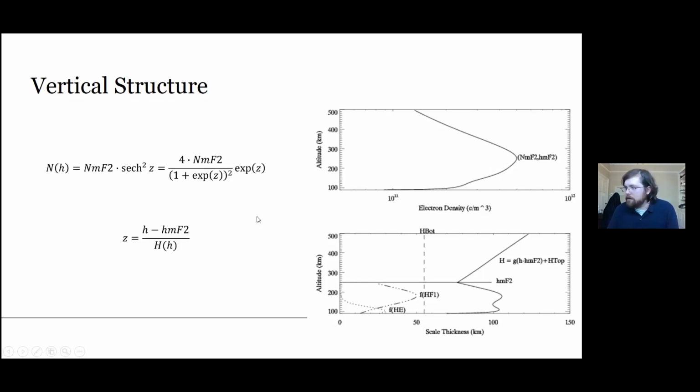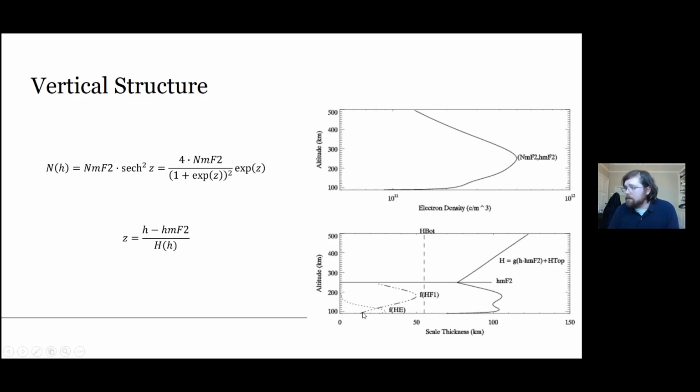But ultimately, when you do that, this electron density profile here that has a relatively subtle F1 layer structure has, in the scale height domain given down here, a discrete peak associated with the F1 layer. And so this scale height actually ends up being sensitive to the derivatives of the profile, as well as the absolute electron density of the profile.